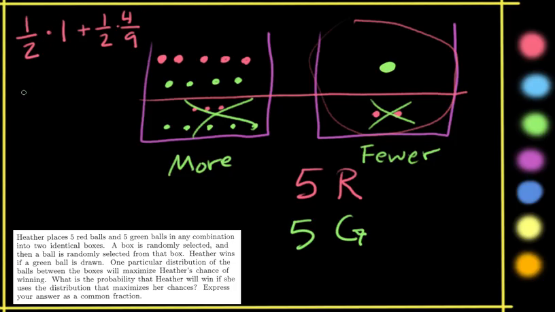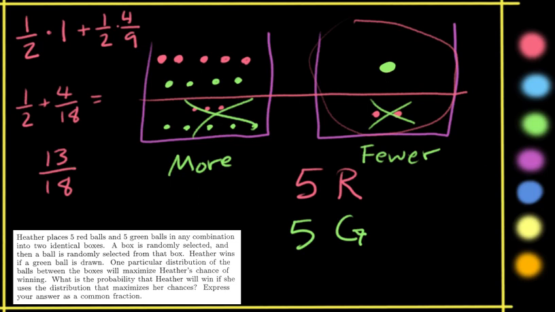So you multiply 1/2 times 1, that gives you 1/2, and then you add 1/2 times 4/9, that'll give you 4/18. And if we add these together, this will be 9/18 plus 4/18. That'll give you a total of 13/18. So that, I believe, is the answer there.